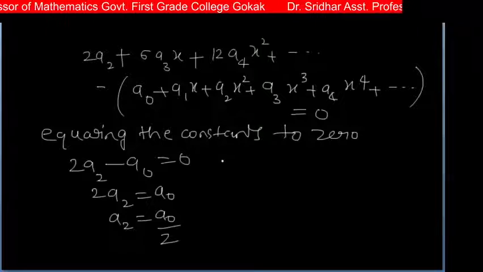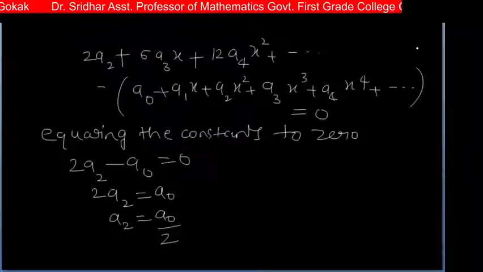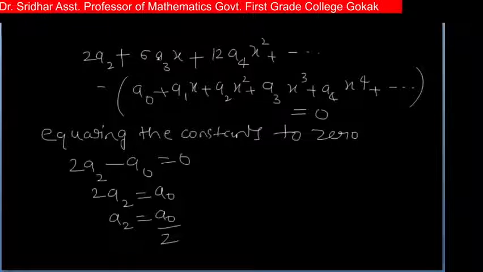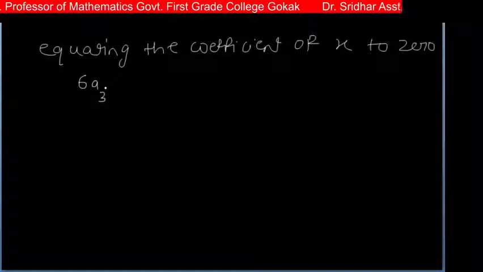Next, equating the coefficient of x to 0. Okay, so let us find coefficient of x. So here x is there, its coefficient is 6a3, correct? So this is 6a3.